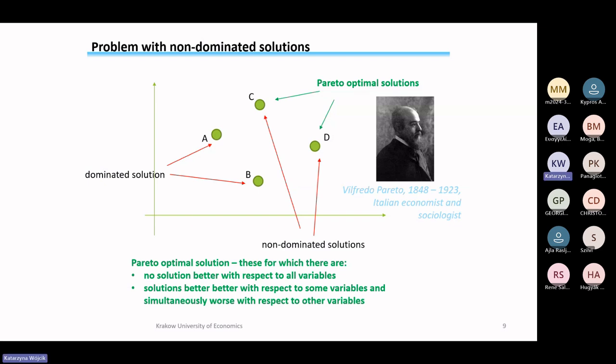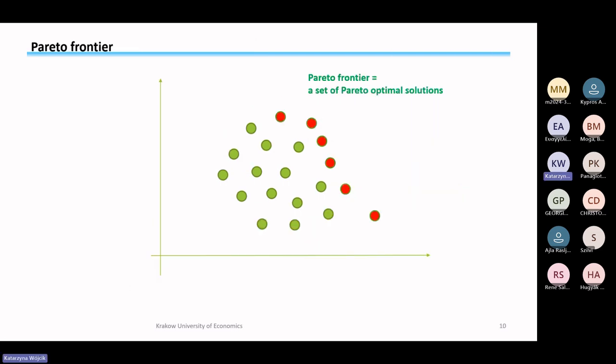They are both better with respect to some variables, but at the same time worse in the case of other variables. The Pareto frontier is a set of Pareto optimal solutions that creates a frontier for those that are not optimal. So the red ones here are all optimal in some sense, while the green ones are not optimal solutions.